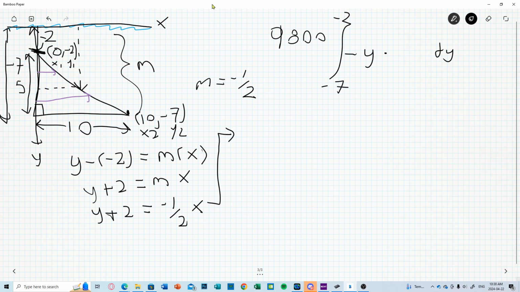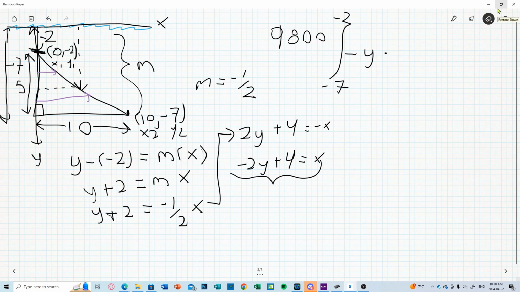Bring the 2 up, multiply both terms by 2. So it's going to be 2y plus 4 is equal to negative x. So negative 2y plus 4 is equal to x. Now what you're going to do is this right here, solving for x, is what's going to go into our integral before.